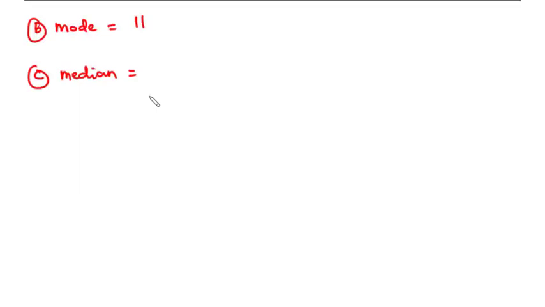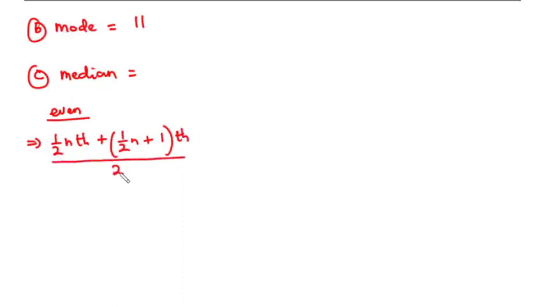Now, talking about the median, if the data set or the frequency is an even number, then we are going to use the formula: the (1/2 times n)th plus the (1/2 times n plus 1)th, all divided by 2.